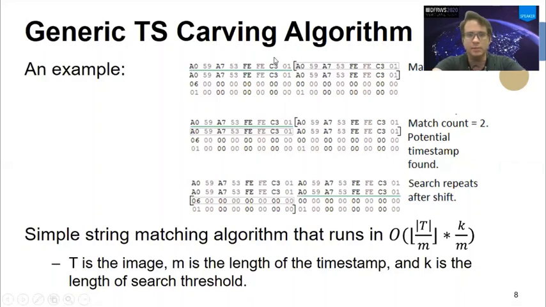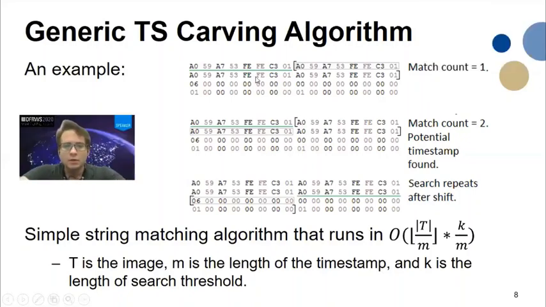And you are repeating this search process of this keyword and the subsequent window over the entire disk image. So I'm going to move my face over here so we can see the example a bit better. In the example, we have the keywords underlined by this green underline here. We have our search window defined by the brackets.